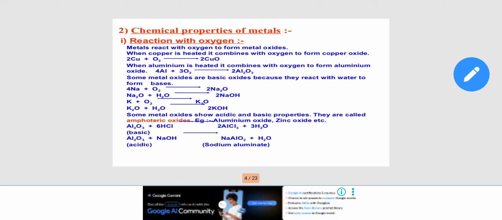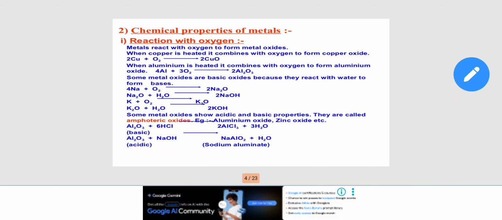Some metals react with water to form a metal hydroxide and hydrogen gas also. Okay, reaction with acids. Metals react with acids to form a salt and hydrogen gas. Zinc plus HCl gives ZnCl2 plus H2.